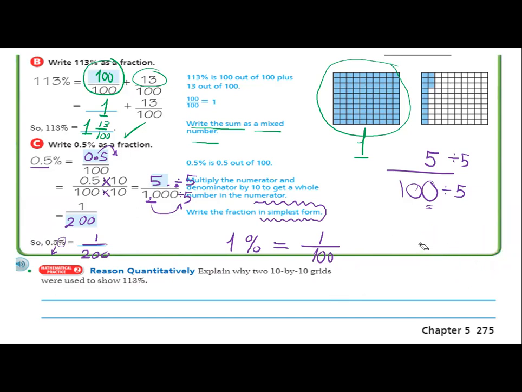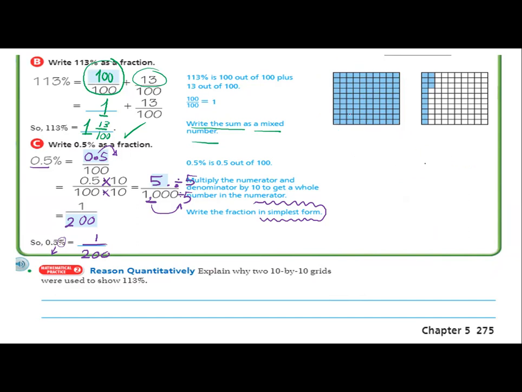So I think you understand it. How can you find it as a fraction right now? Mister, I have a question. Mister, can I annotate? Okay, you can. Now it's like 1 over 200.